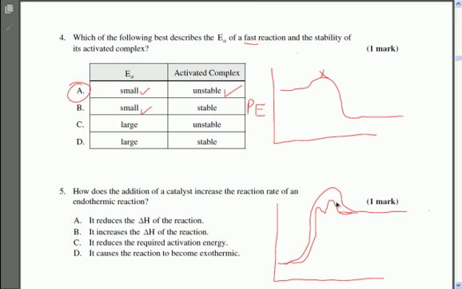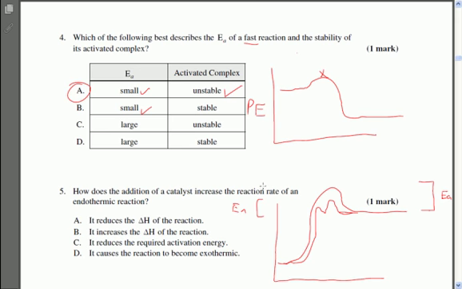It has a lower activation energy, and therefore the reaction rate can increase. Okay, so this distance right here is the EA of the uncatalyzed. Now, this distance right here is the EA of the catalyzed, of the reverse reaction.